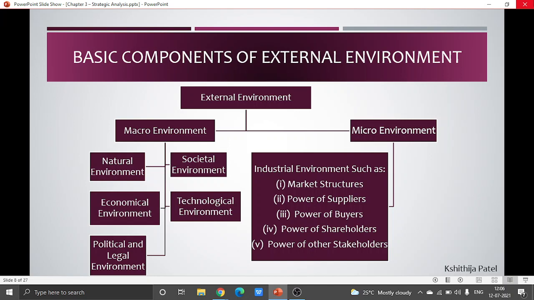In that we have taken the natural environment. Now here we are speaking about the natural environment in particular. And in recent days you might have observed that environmental issues have become a major concern all over the globe.